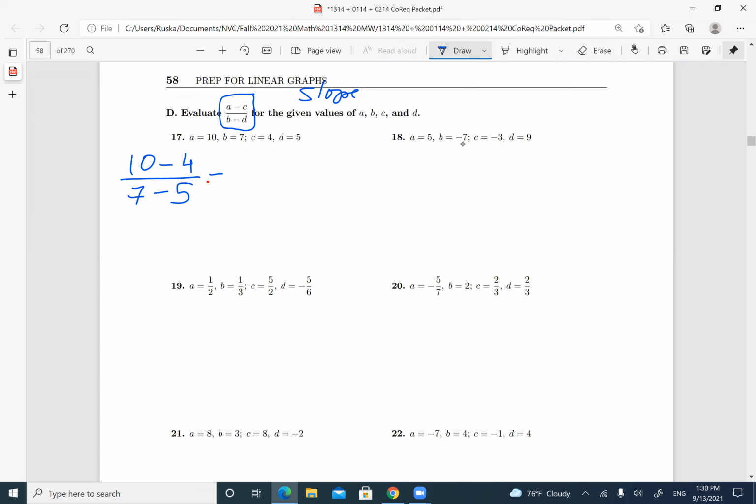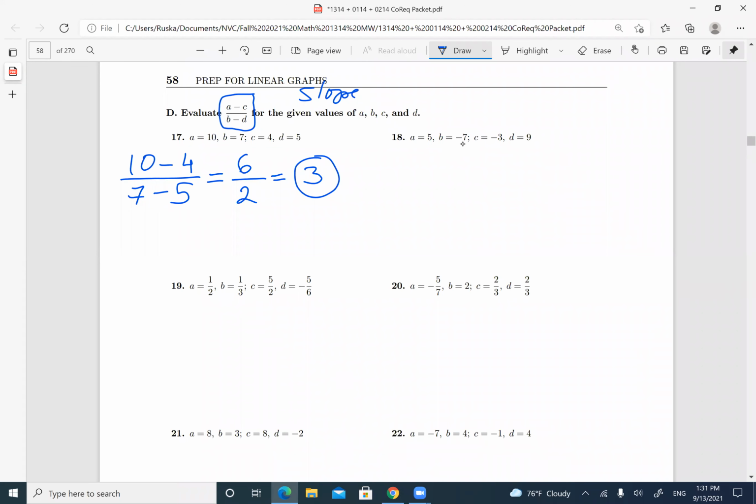So when you simplify something like this, you have to do the adding, subtracting in the top and the bottom, and then just reduce, divide. Fraction means division, right? So 10 minus 4 is what? 6. And in the bottom, we have 7 minus 5 is 2. So we have 6 divided by 2 is 3. So my answer is 3.